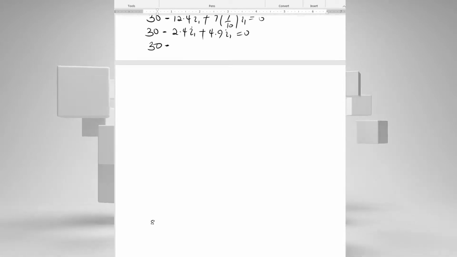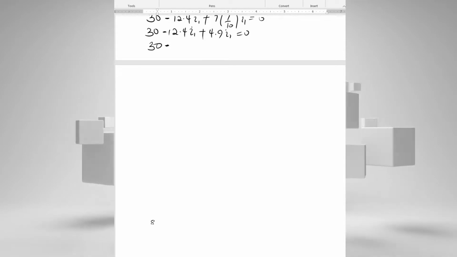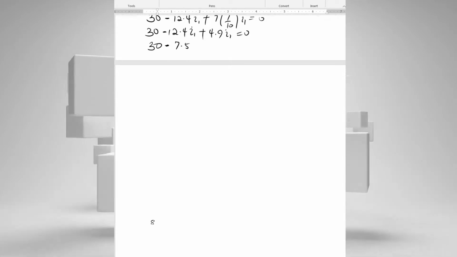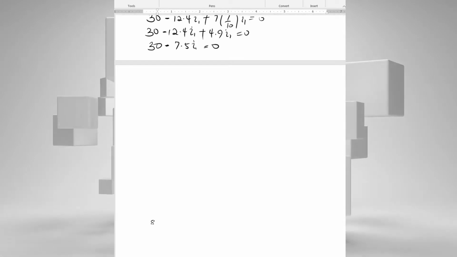So this gives us 30 minus 12.4 I1 plus 4.9 I1, which is going to give us minus 7.5 I1, and that is equal to 0.